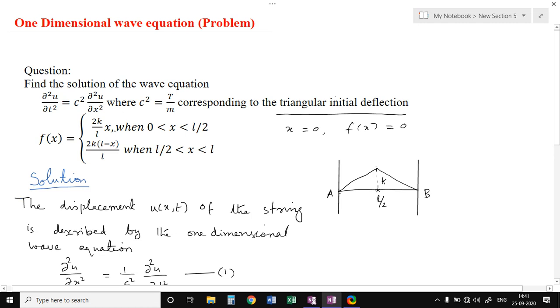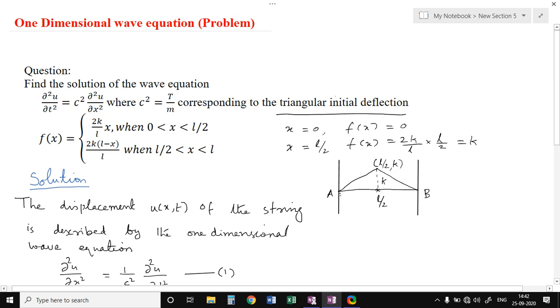And when x is L/2, f(x) is 2k/L multiplied by L/2, that is k. So the point corresponding to x equal to L/2 is (L/2, k), and the height displacement is k here.